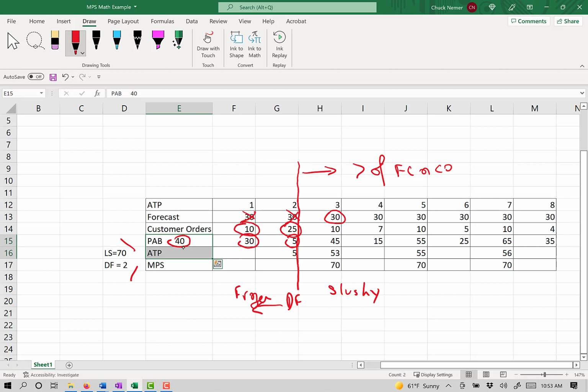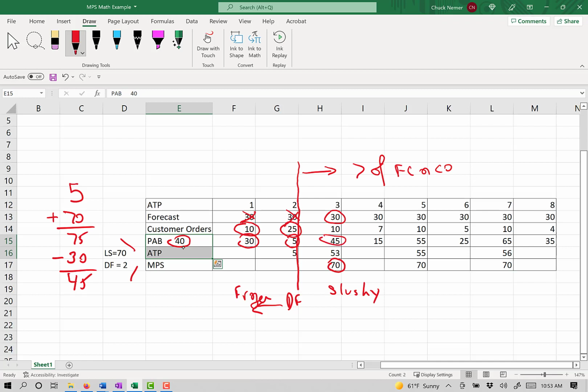So we have 5, we need 30, we're 25 short, so we're going to have to schedule a receipt of 70 pieces in period 3. So we have 5, I'll do this on the left, we're building another 70, so we've got 75 to work with, and potentially we could need 30. So we'll have 45 left over.